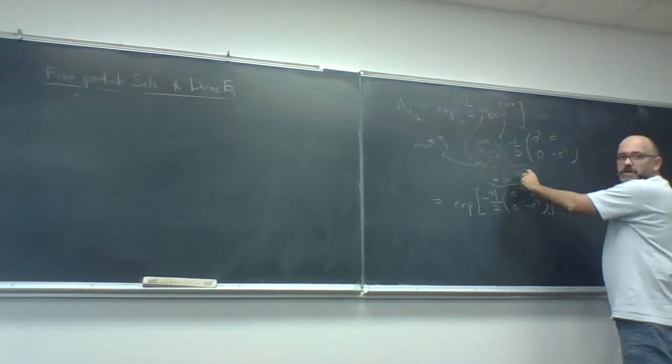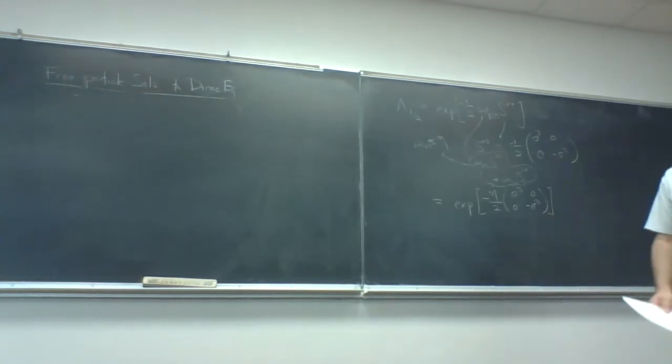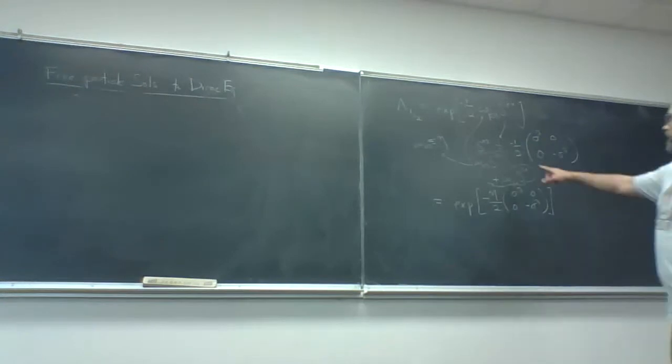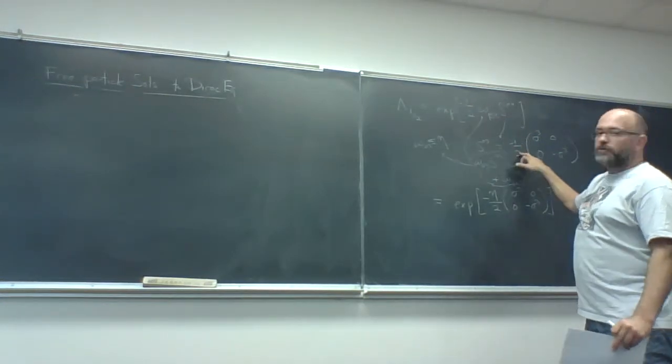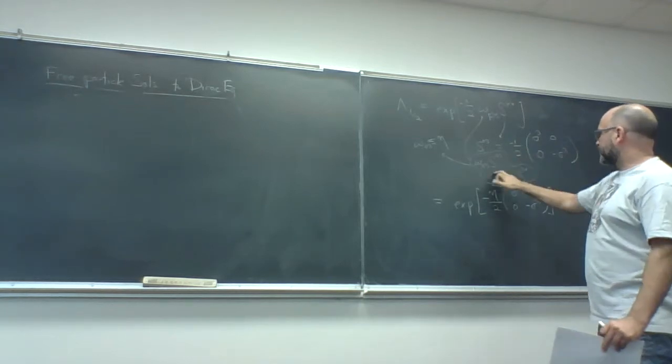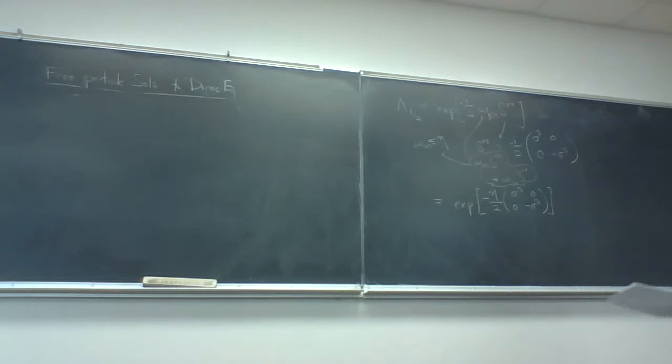When you sum these up, you get a factor of 2, and it kills off one of these factors of 2, because there's already a factor 1/2. So when I plug this in here, I get minus 1 over 4, and then I get a factor of 2 here, and it cancels off. I forgot the S had a 1/2.